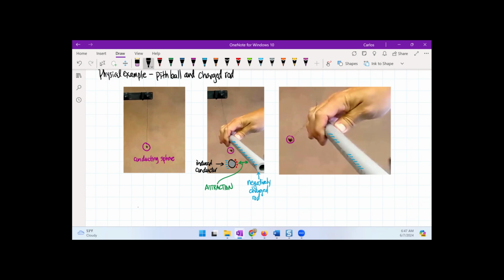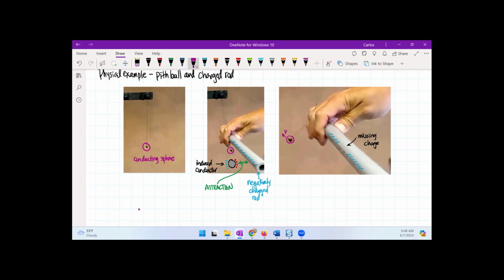Right in here, there is missing charge, and the excess charge from the insulator gets transferred to the sphere. Now you can see that this has some motion. It's moving in that direction.